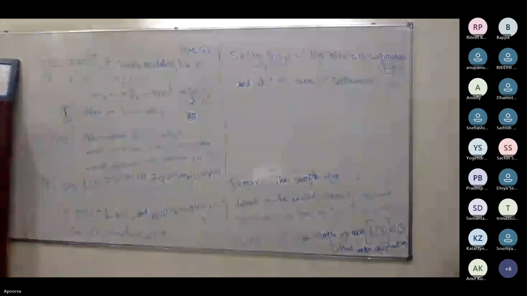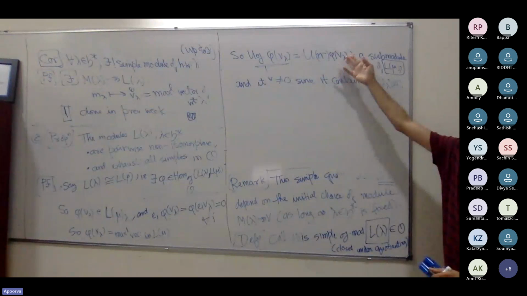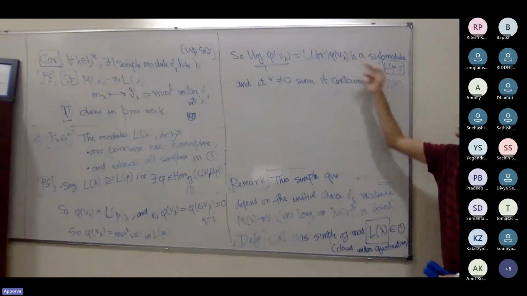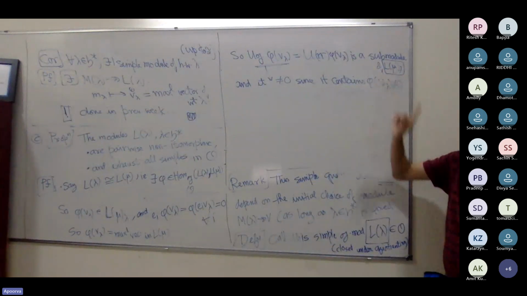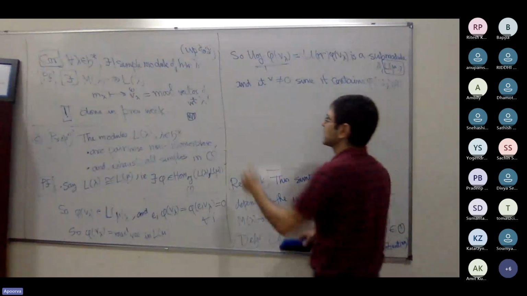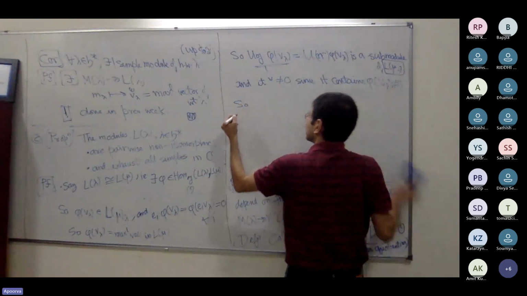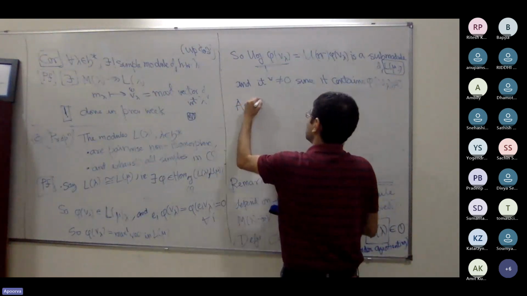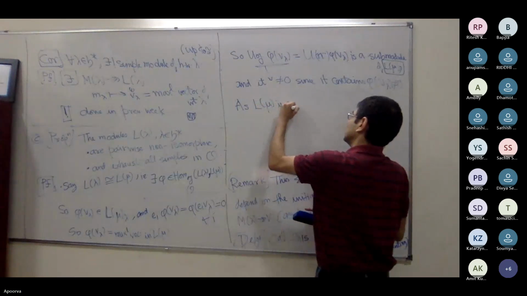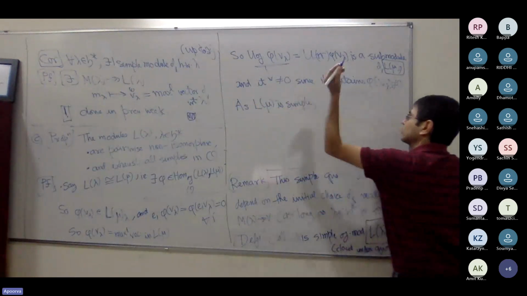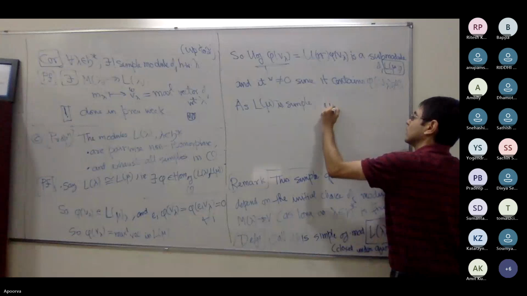Right. So this is a non-zero submodule of a simple irreducible module. There is only one such module, which is the module itself, as L lambda and L mu are simple.